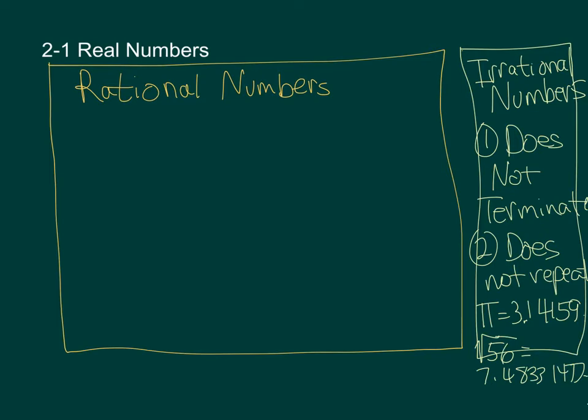So the only way sometimes to really tell whether or not a decimal is going to terminate or repeat is to put it into the calculator and see what happens. The problem is that on a calculator, the screen is only so big, only so many digits can fit. So sometimes you don't know for sure.